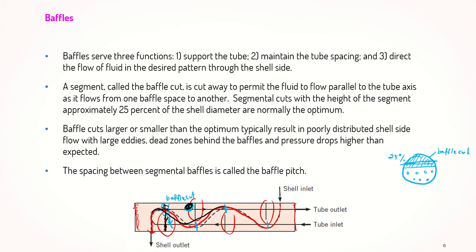We're going to have dead zones here, and also dead zones here, large eddies and so on. So that's why we need to ensure that we have an optimum baffle cut. And also the spacing between segmental baffles we call the baffle pitch. So this would be the baffle pitch.